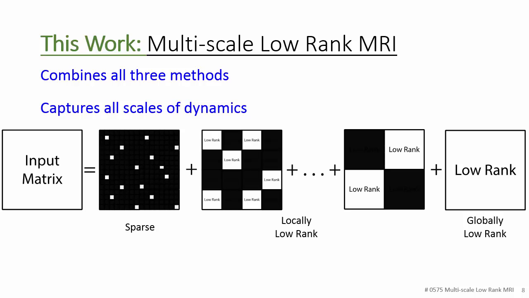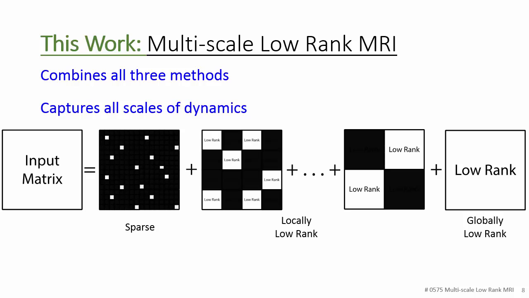And so what we're proposing is really a simple idea. Instead of implementing this separately for each application, we should really combine all these three methods. And instead of capturing only one scale of dynamics, we should be capturing all scales of dynamics, because our data set has all kinds of scales of dynamics.